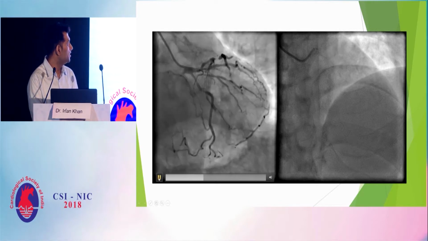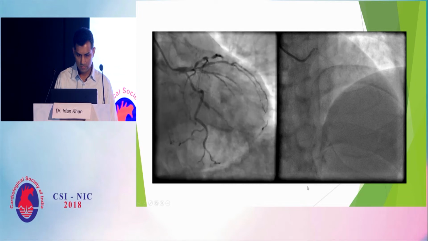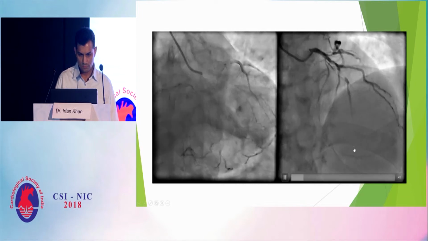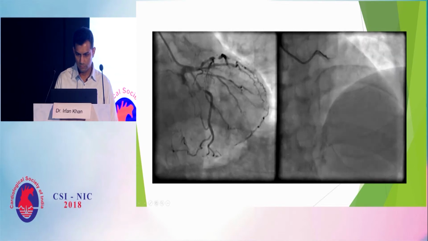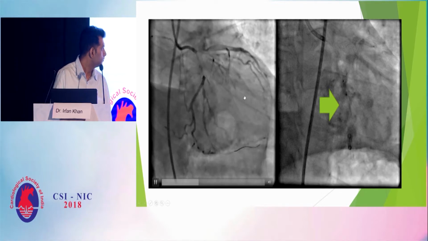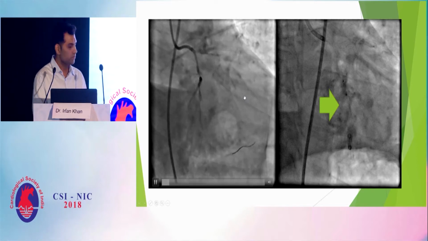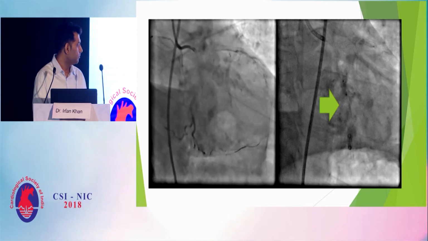You can see that there is an LCX CTO, a long segment lesion. This is a case done by one of my colleagues. He tried to cross that antegrade CTO with a hydrophilic wire, and then there is a perforation.